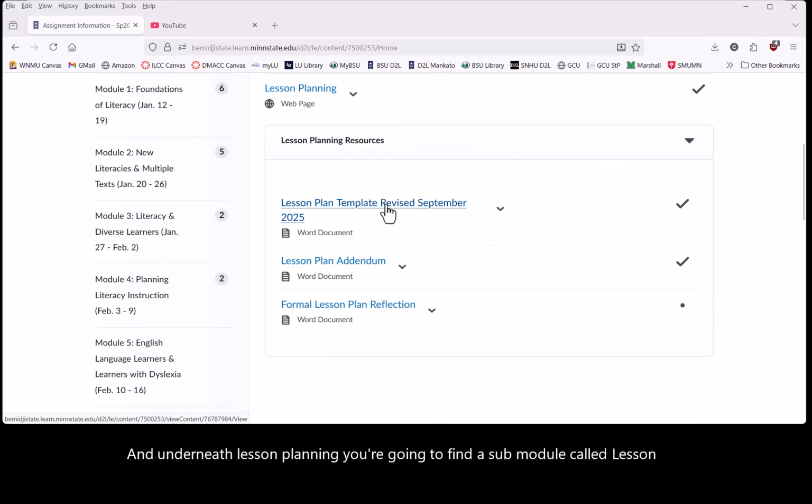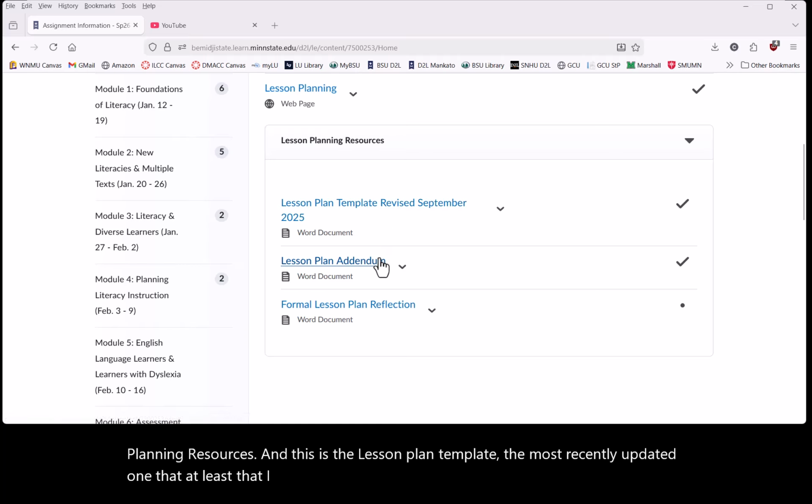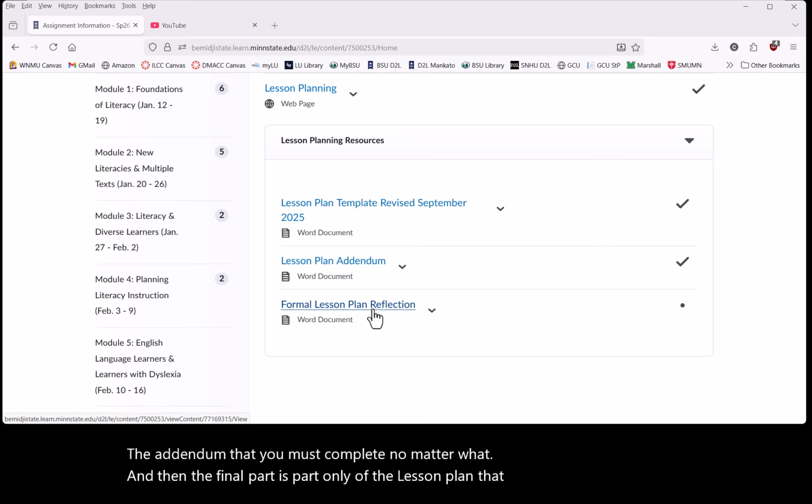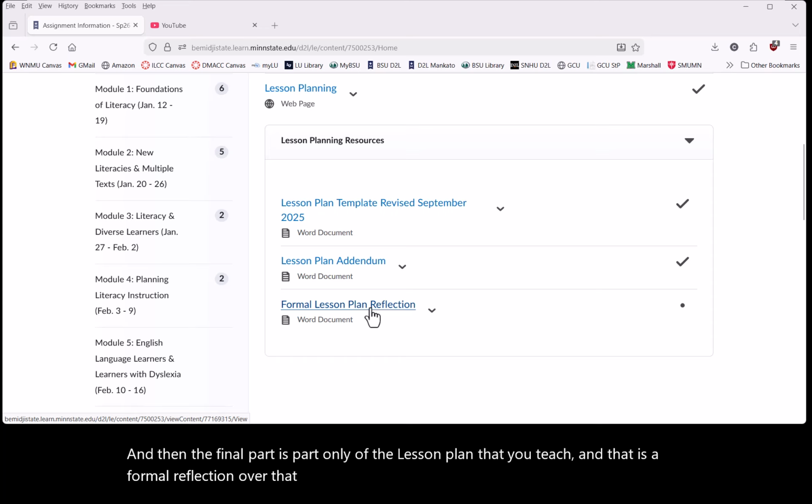And this is the lesson plan template, the most recently updated one that at least I have access to. The addendum that you must complete no matter what. And then the final part is part only of the lesson plan that you teach, and that is a formal reflection over that lesson plan. And I will talk about that as we get closer to field experience.